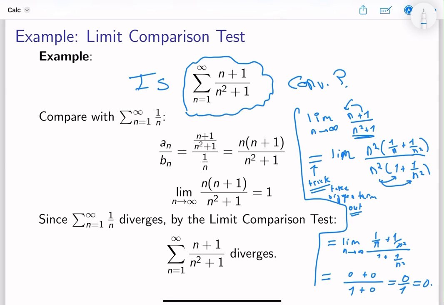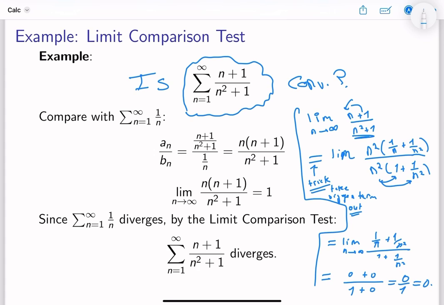So the nth term test doesn't tell us anything here, because it just gave us 0, and when it gives us 0, it doesn't say anything, okay? So the next thing to try are comparison tests. So let us try whether the comparison tests work.